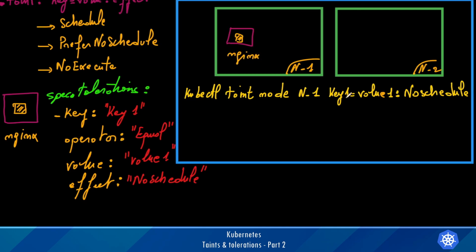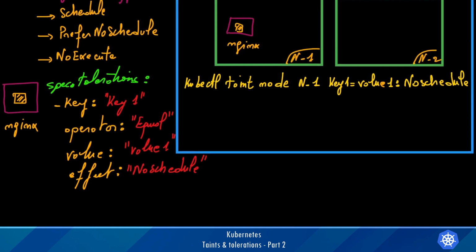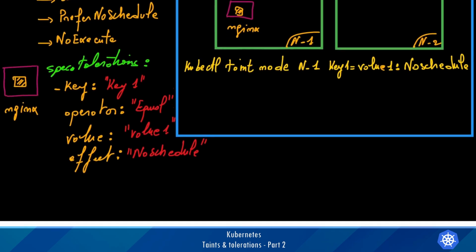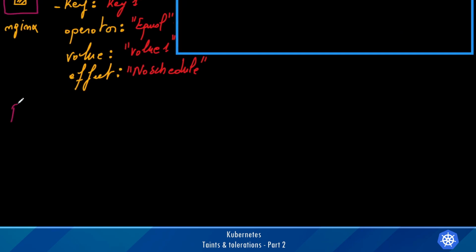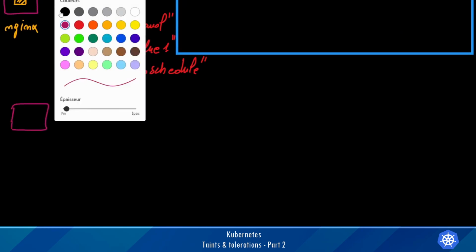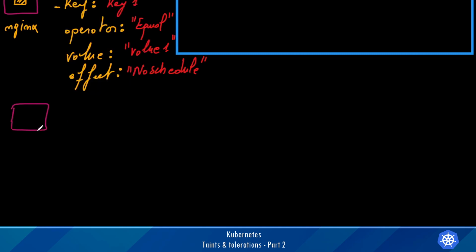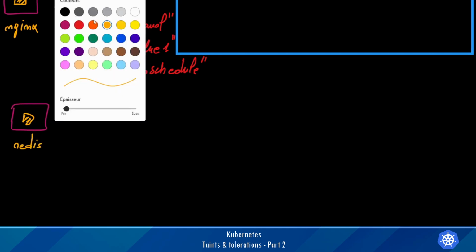So after adding a taint to a worker node, we have to tolerate this taint on the pod. Here we have worked with the Equal operator, but we can also work with the Exists operator. For example, let's say that we have another pod here, where we have used the Redis image.